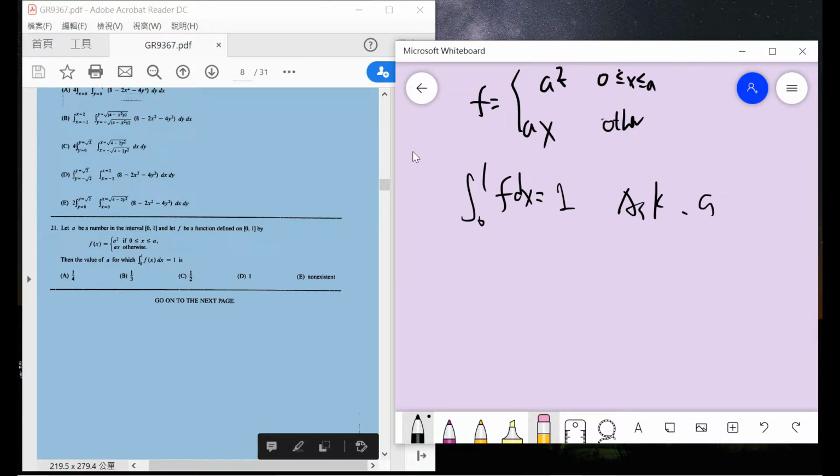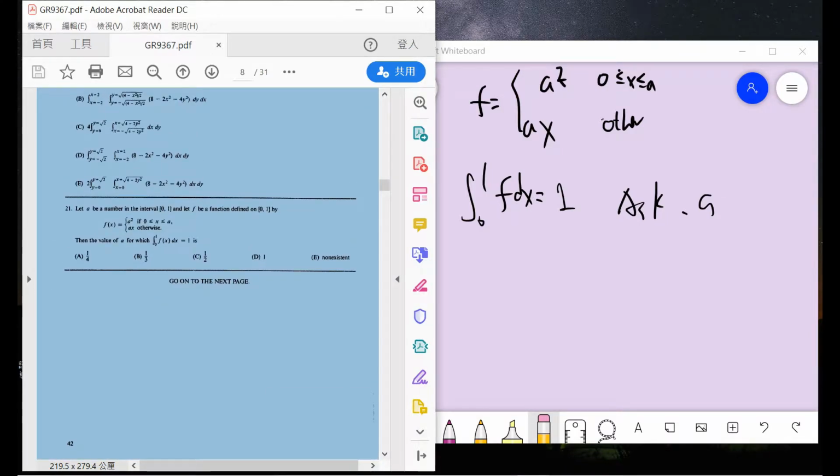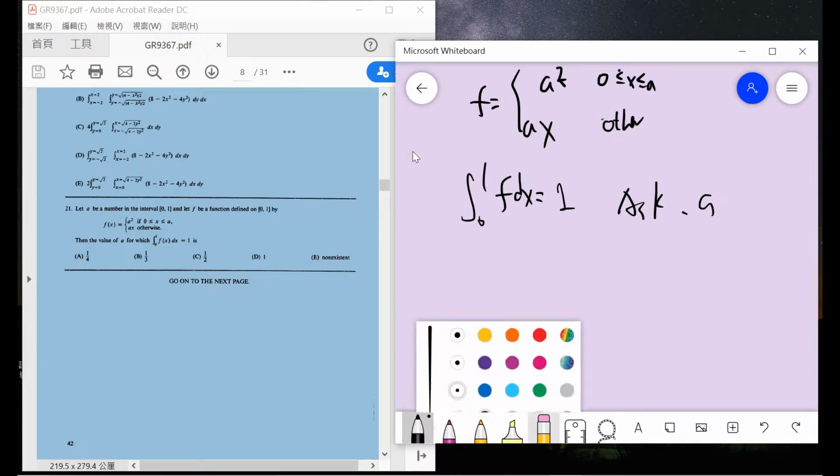Okay, so the simple way to solve is you can just plug A, B, C, D into it and do the integration and check whether this is correct or not. Because this is an easy calculation, I don't calculate here.